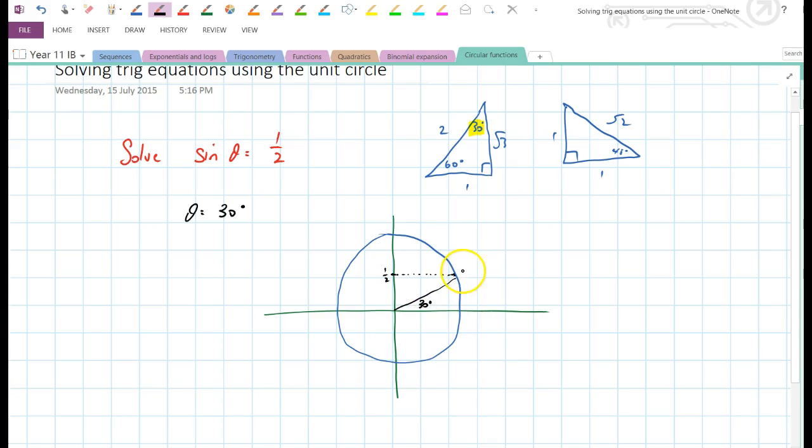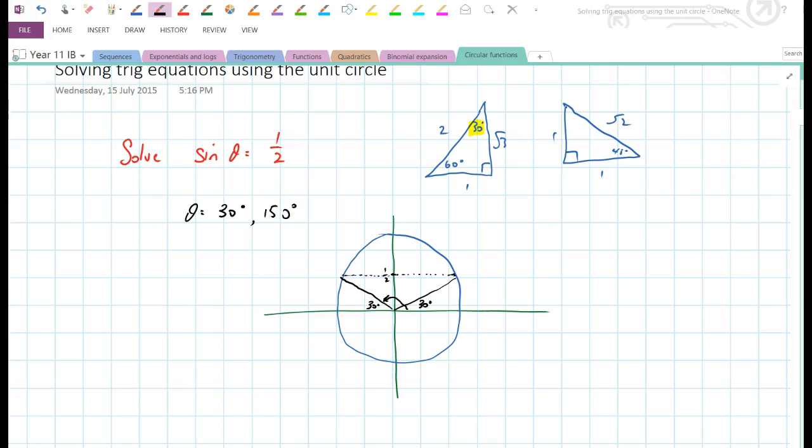But if I extend that over, there's another angle here that also gives me 1/2 for a y coordinate. So the sine of this angle is also equal to 1/2. What is that angle? Well, that one's 30 to match that one, so this one here is 150. So let's add that to our solutions. Theta's 30, but it's also 150.